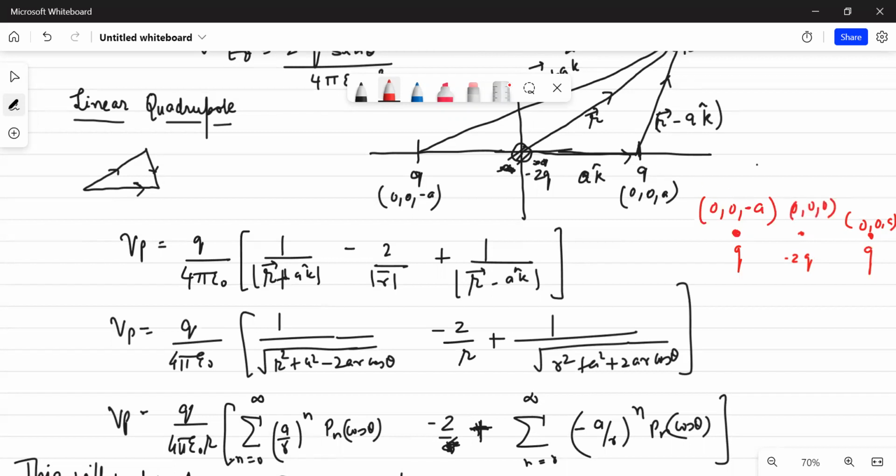So what is a quadrupole? If you join them up and write it as minus q and minus q, and here you have q, here you have q.